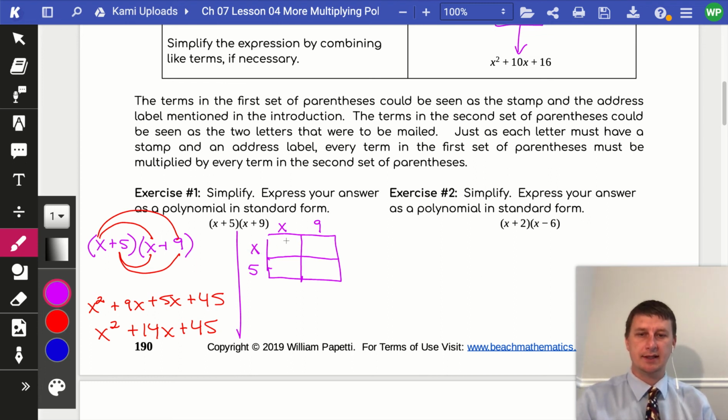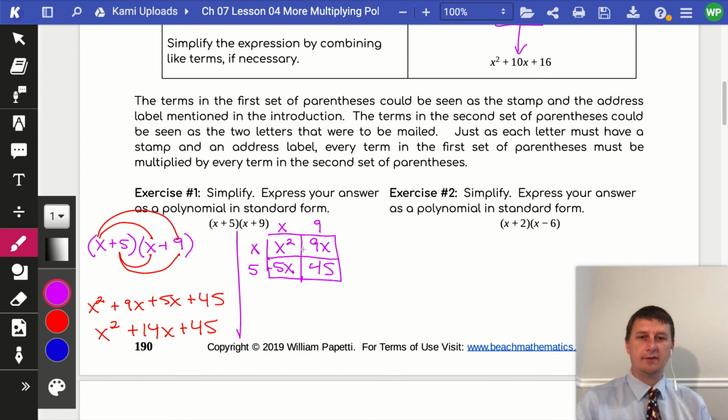So in this box, we're going to have the product of x times x, and that's going to be x squared. In this box, the top right one, we're going to have x times 9, which is 9x. In this bottom left box, that's 5 times x, which is 5x. And finally, in this bottom right box, we have 5 times 9, which is 45.